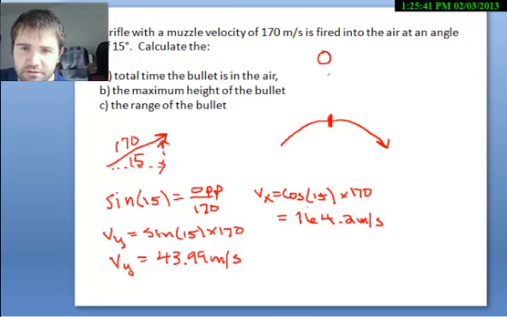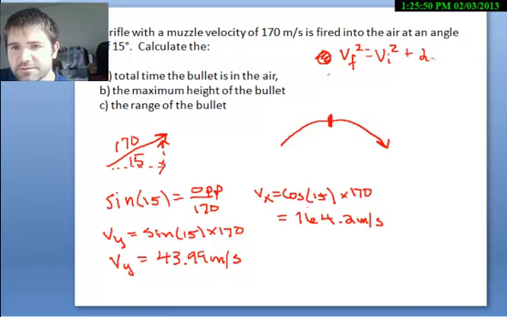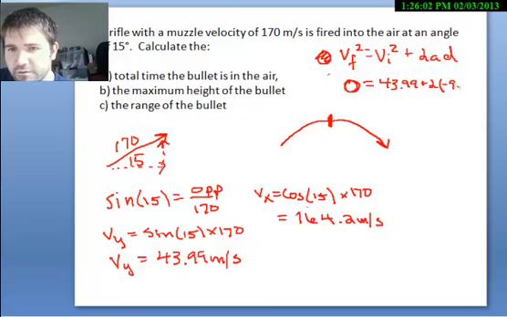I'll write this equation out first. Velocity final squared equals velocity initial squared plus 2 times the acceleration times the distance. So I know that my final vertical velocity of 0 is equal to my initial velocity, 43.99, plus 2 times negative 9.8 times the distance, and that will give me the peak height.